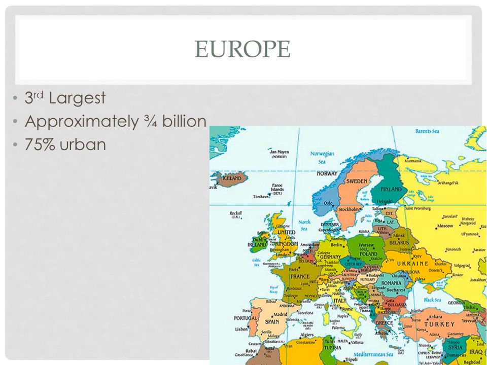Usually the Ural Mountains are used as the dividing line between what is considered European Russia and Asian Russia. That's important to note because a lot of the big cities within Russia, Moscow, St. Petersburg, are on the European side of the Ural Mountains, and so they're included in these population statistics.